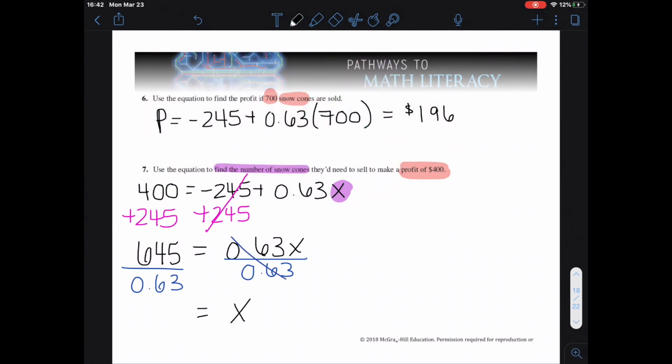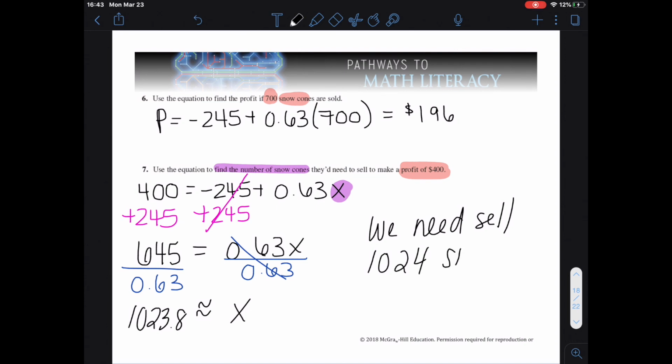And on the right-hand side, if you plug that into your calculator, you're going to get about 1,023.8. Okay. So again, you can't sell a portion of a snow cone, so we need to sell rounded up, 1,024 snow cones to make a $400 profit.